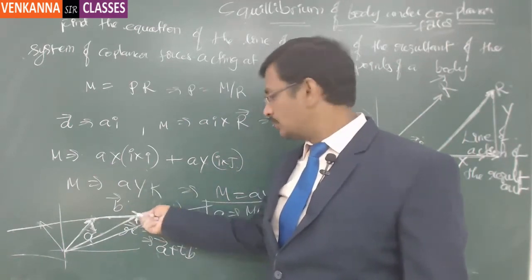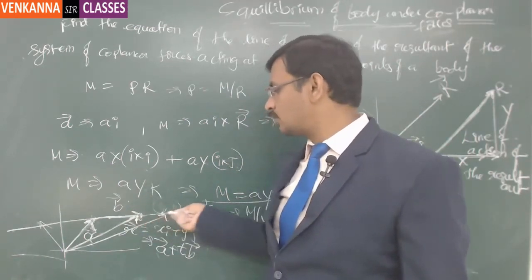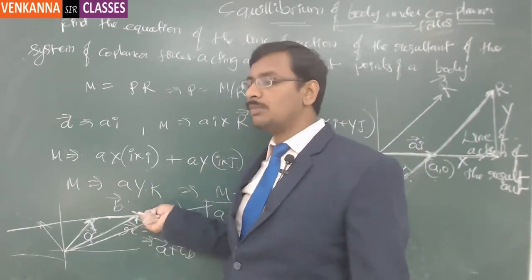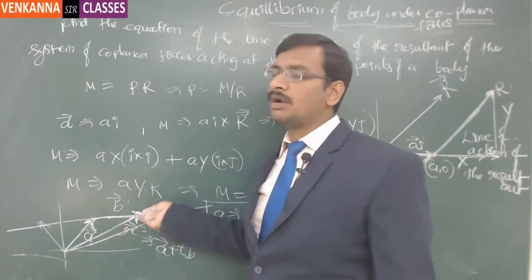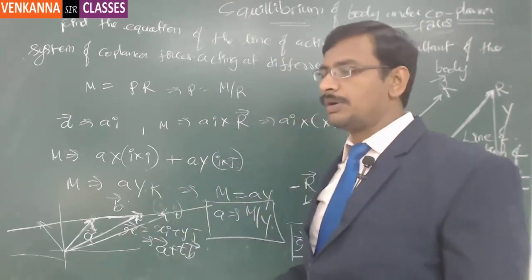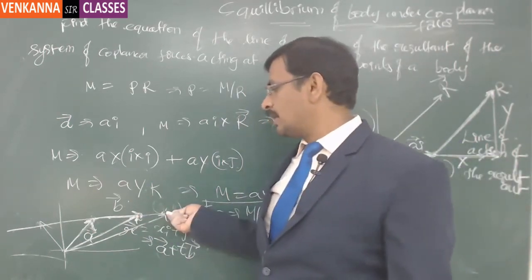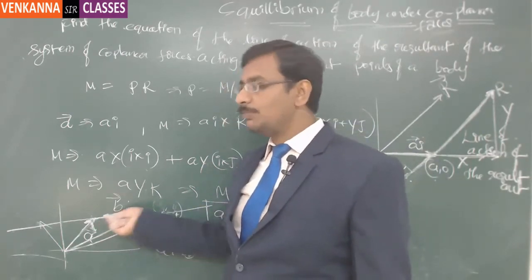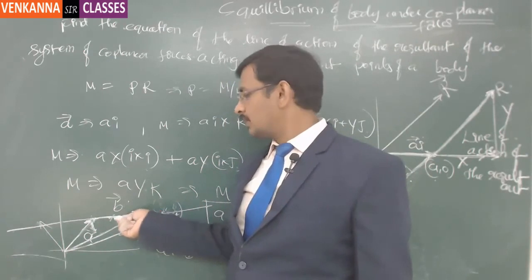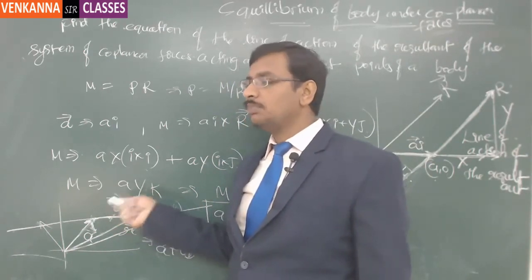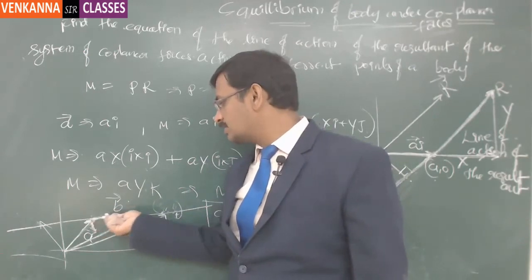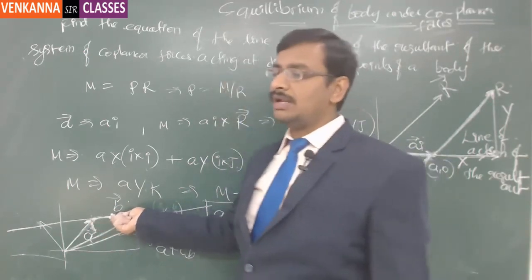So I have to identify a vector along b, but magnitude more than b, so I multiply with a number, let us say 1.2 or 1.3 or 1.5. Now if I want to identify a point at this location, I will multiply the b vector with a magnitude between 0 and 1, so that I can get the vector till this particular point, because I have multiplied with, let us say, 0.6.